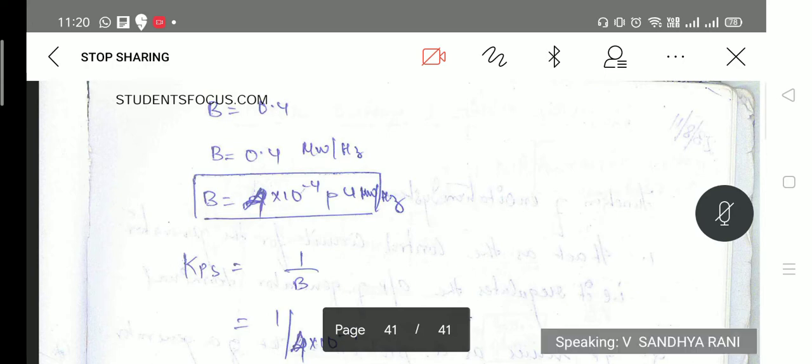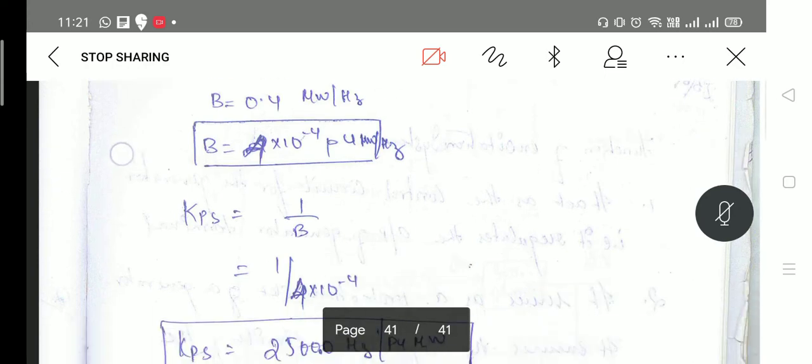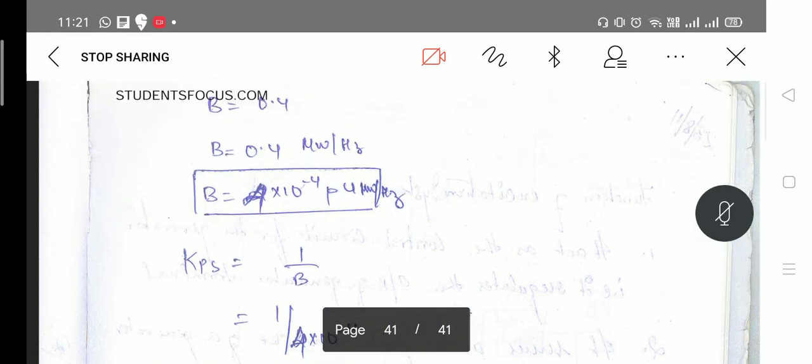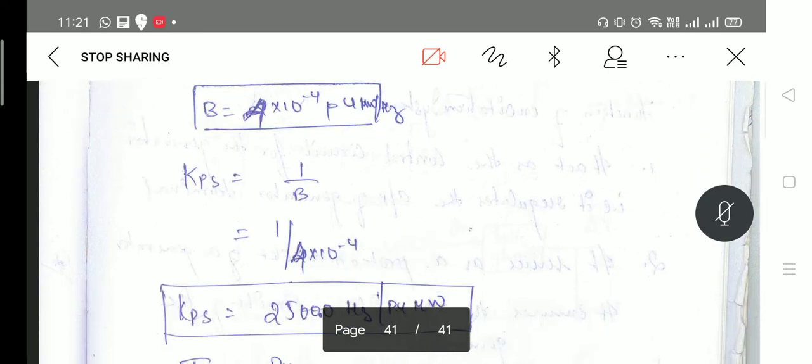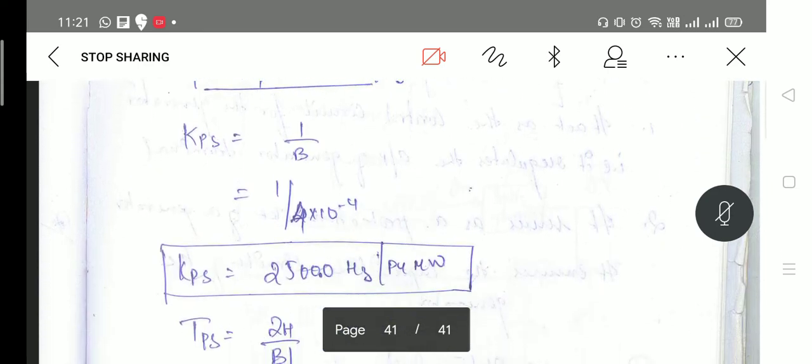Writing the megawatts in watts, 4 into 10 power minus 4 per unit for hertz. So Kps is equal to 1 by B, 1 by 4 into 10 power minus 4, that is Kps value is 2500 hertz per unit megawatts.